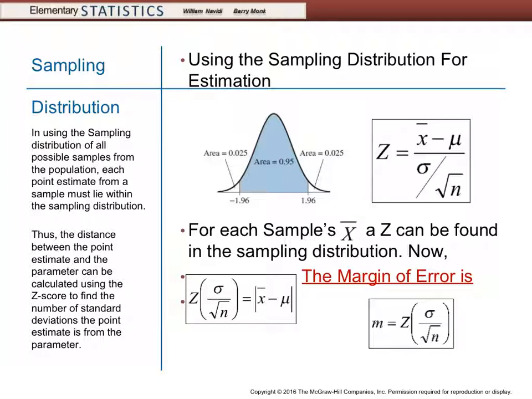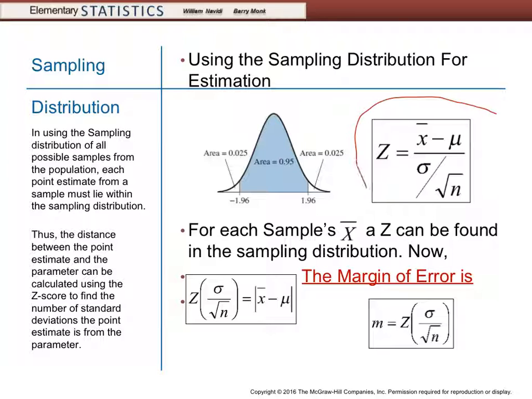So when we are using the sampling distribution for an estimate, the sampling distribution of all possible samples from the population, each point estimate from the sample must lie within the sampling distribution. Thus, a distance between the point estimate and the parameter mu can be calculated using the z-score to find the number of standard deviations the point estimate is from the parameter.